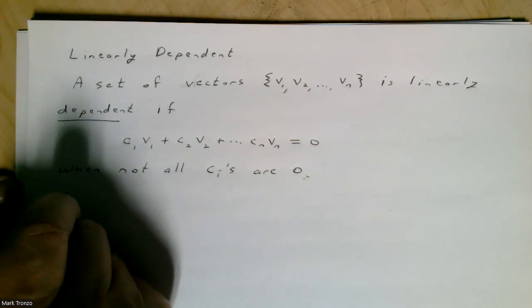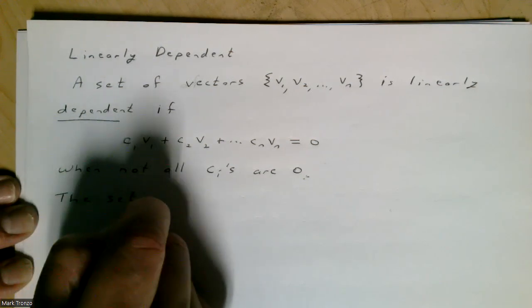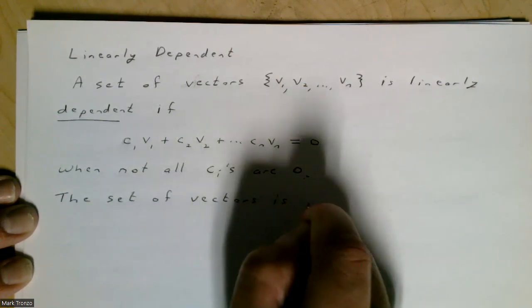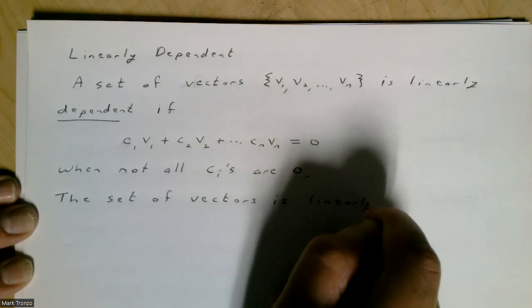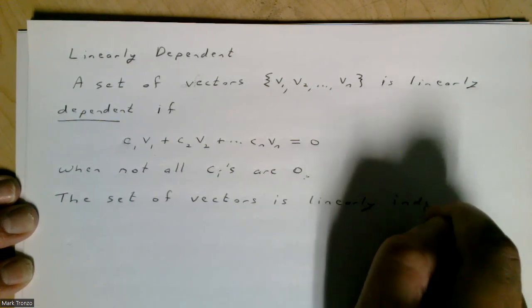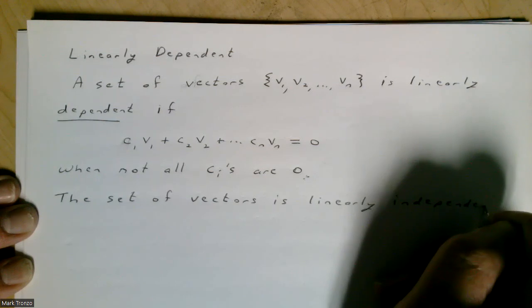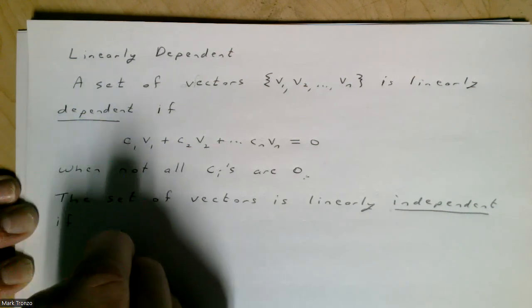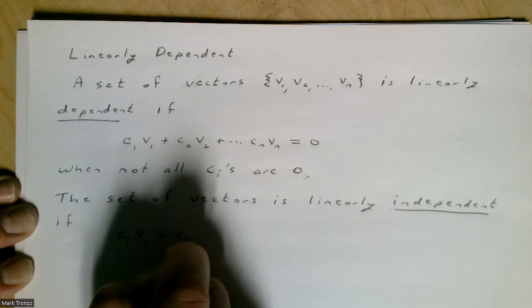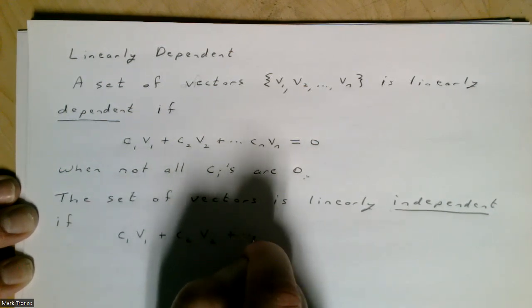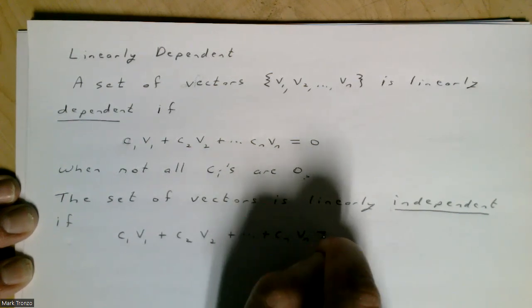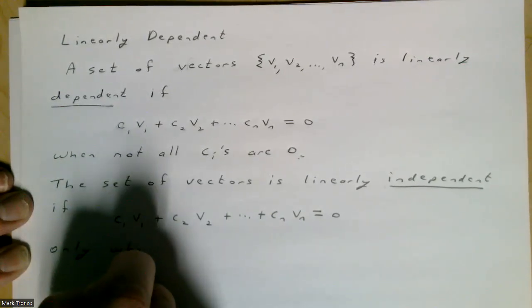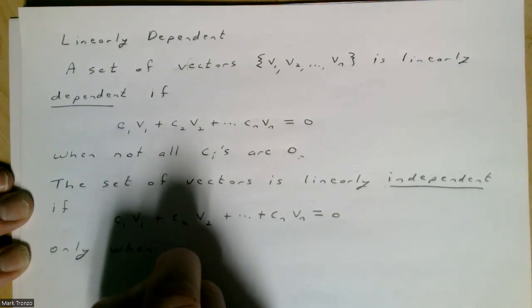Now the set is linearly independent if C1 V1, C2 V2 plus Cn Vn is zero only when all the C's are zero.